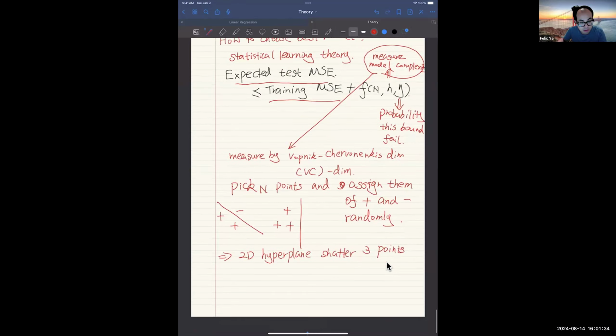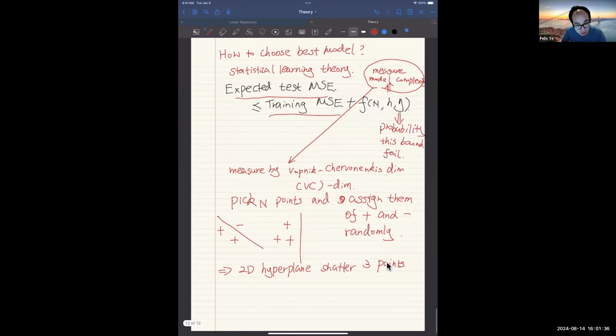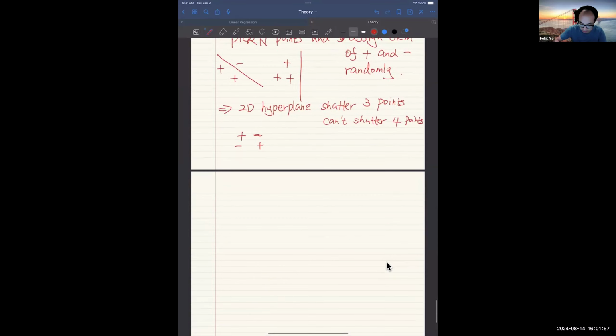But a 2D hyperplane cannot deal with 4 points. For example, we have plus signs and minus signs arranged like this. There's no way you can draw a line to perfectly separate them in this situation. This is a typical dataset called XOR.